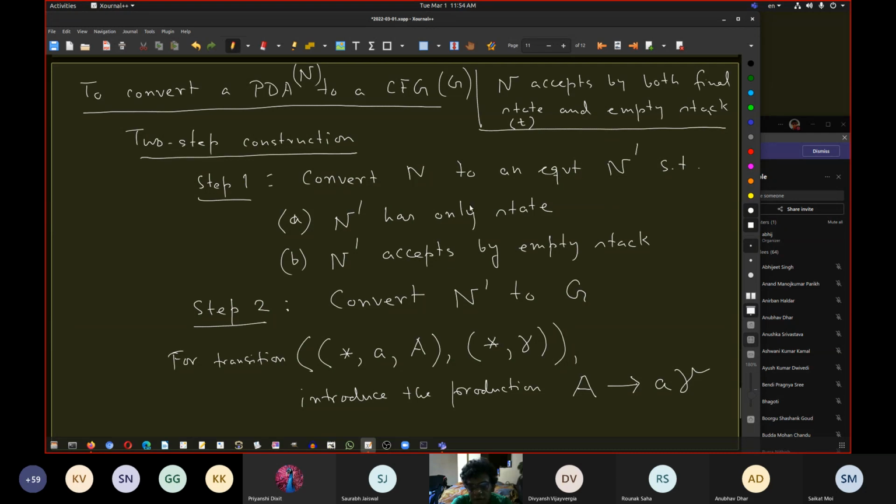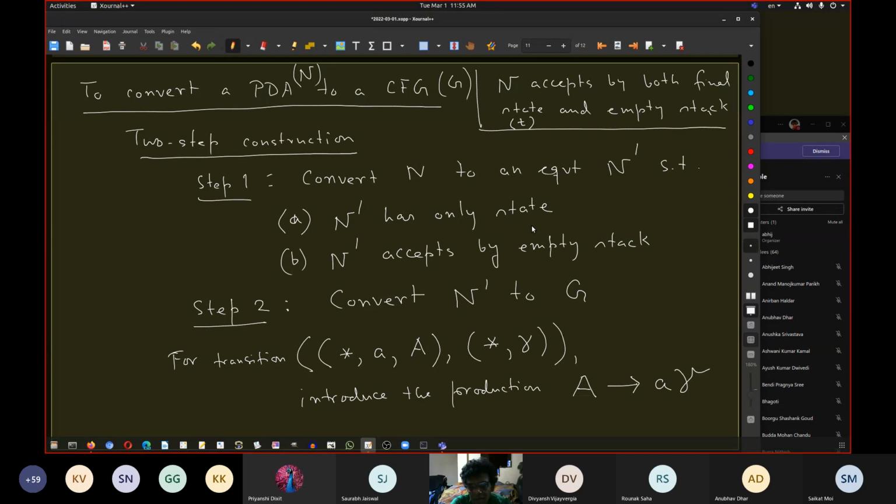First of all, it has only one state. This starting machine N may have many states, millions of states. How will N prime manage using only one state?